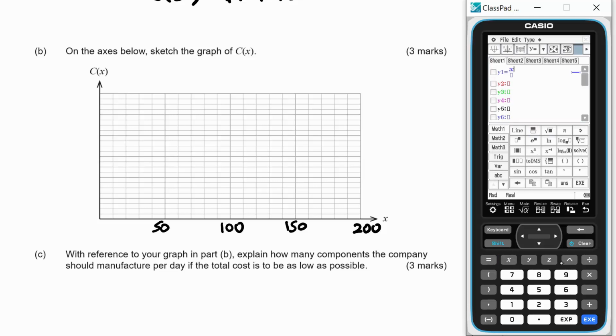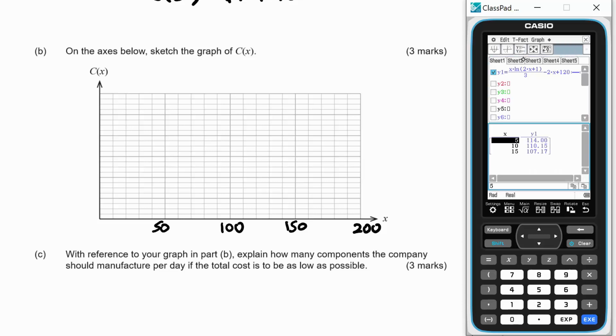So that's going to be X log 2x plus 1 over 3 minus 2x, add 120.